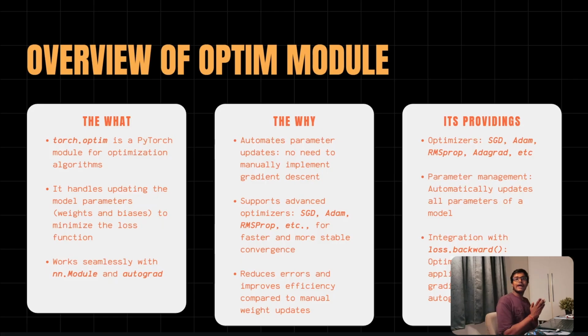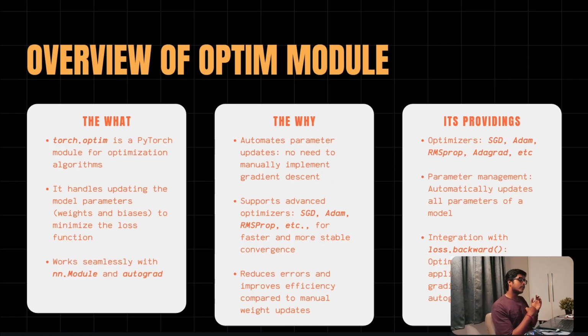So here we don't have to manually code our gradient descent logic. Instead, this optimizer takes care of it and updates the parameters by itself. And that is the beauty of the Optim module. So basically it automates the parameter updates so that we don't have to manually implement it.